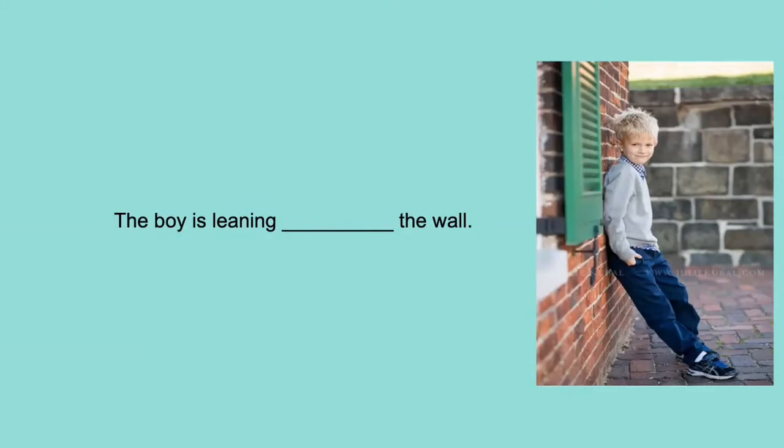I think it's leaning on the wall. Yes. In this exercise, we covered time and location, and this one is more specific about when something is happening.